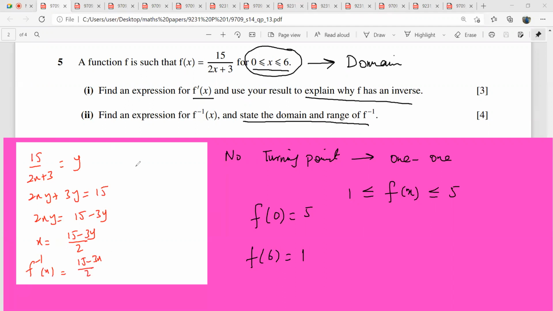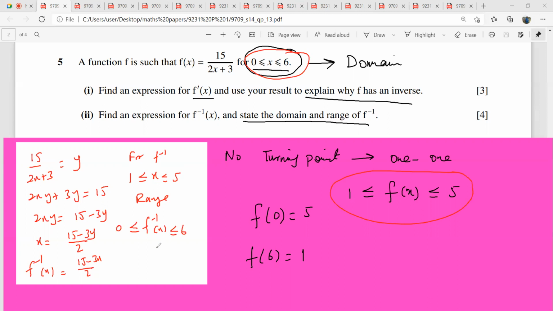Now we have to give the domain and the range. So for f inverse, the domain is going to be this, that is between 1 and 5, and for the range, this is going to be the range for this. So you will write it as f inverse is going to be between 0 and 6.